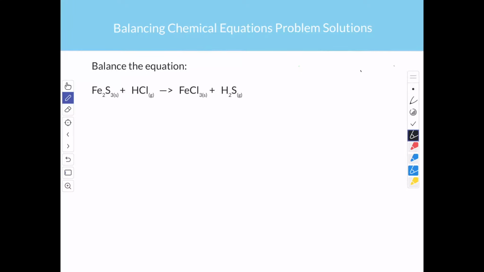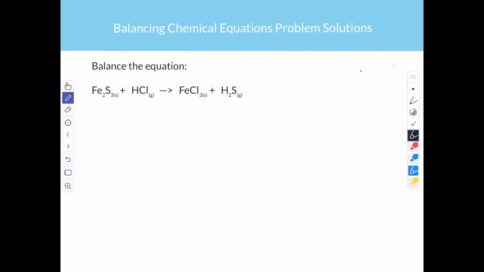The first question asked us to balance the equation between what we call iron sulfide and hydrochloric acid, and it creates a substance called iron chloride plus hydrogen sulfide gas. So again, what we always want to do is check if it's unbalanced.